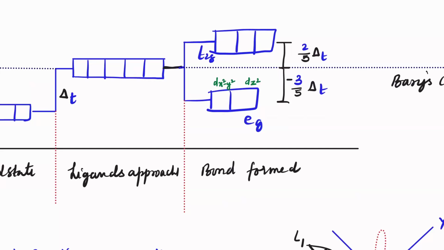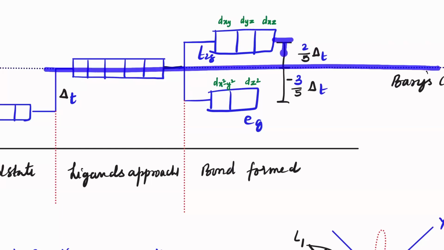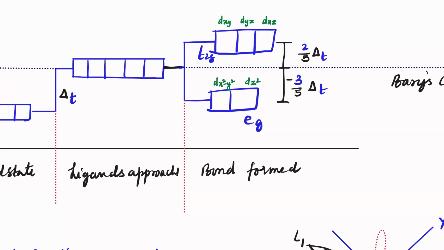These two orbitals would have relatively lower energy. dxy, dyz, and dxz will have higher energy. Okay, clear? So now, if this is the energy diagram here, so this is the line, got it? Then these orbitals dxy, dyz, and dxz will have more repulsions experienced as compared to dx square minus y square and dz square.